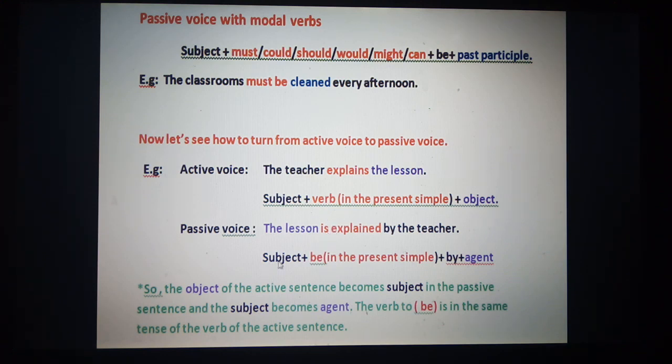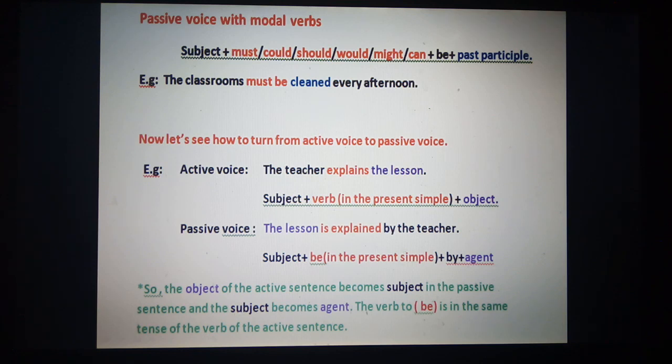So you have here subject plus be in the present simple, then by, then agent. The lesson is explained: is is the present simple, explained is the past participle, by agent.